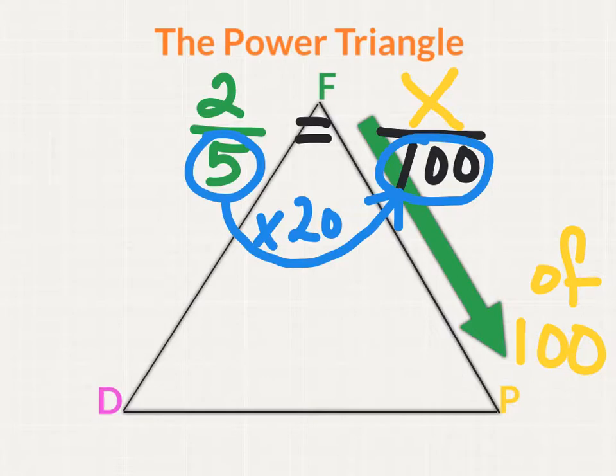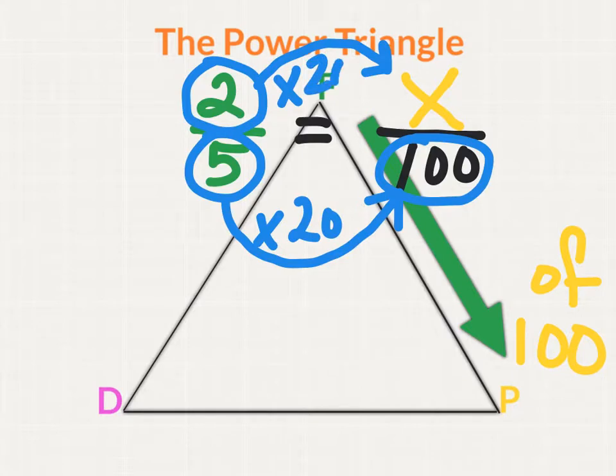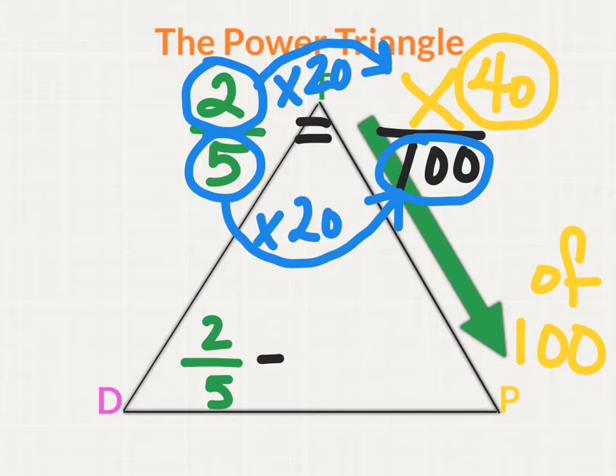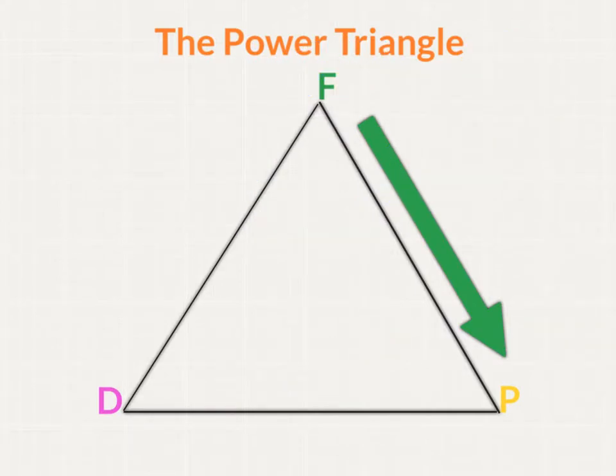So then to change my numerator from 2 to my unknown value, I need to scale it up in exactly the same way, times 20. And I know that 2 times 20 is 40. This new numerator is my percent, so that I know the fraction 2/5 is equivalent, the same value as 40%.